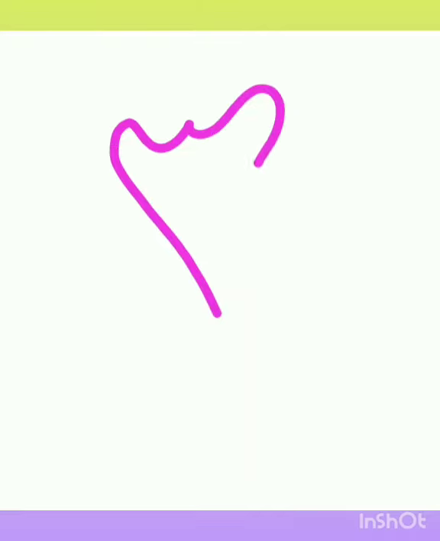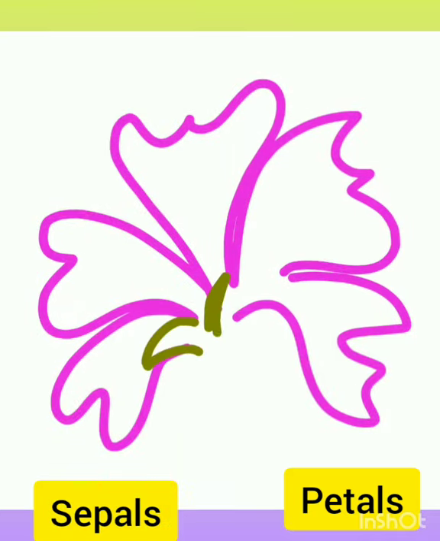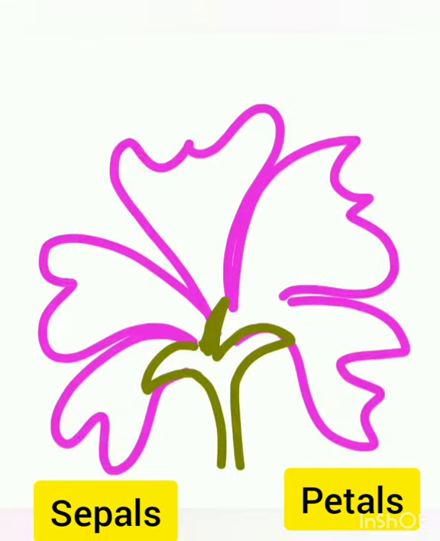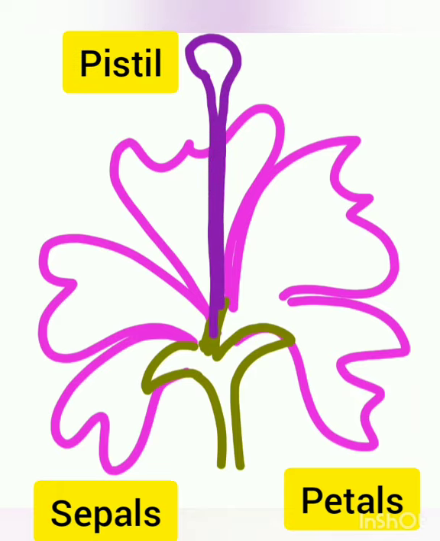So let's start. First of all, draw the petals of a flower. Once the petals have been done, now draw the sepals. The green part of the flower is the sepals. Then at the center, draw the female reproductive part of the plant called as pistil.